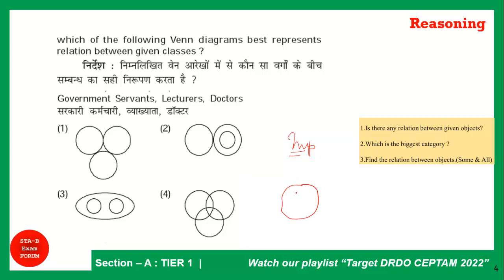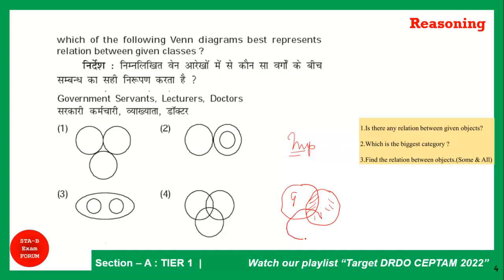So this circle represents government servant. Some lecturers can be government servants, so we make it. This represents lecturers who are government servants. This represents non-government lecturers. Some doctors can be lecturers also in an MBBS college, right?